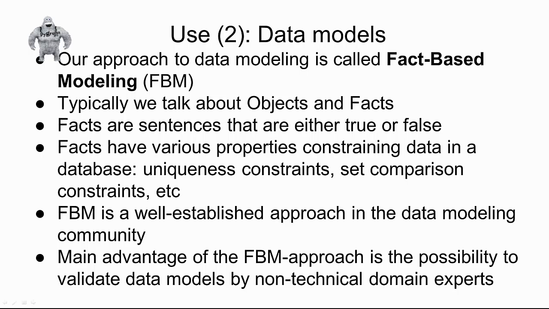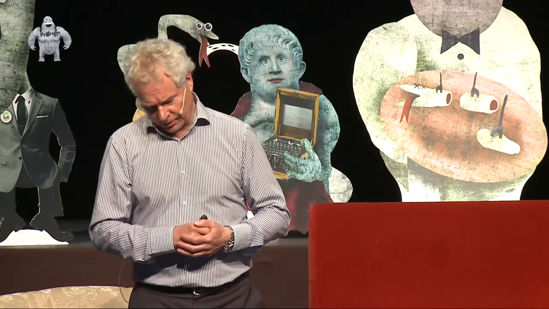When things really get tough, you have to be able to provide data models as a blueprint for a database, and these data models have to be very, very precise and reliable. Then in the data modeling community, there's an approach called the fact-based modeling approach, and that's been extremely successful in coming up with data models that are precise, and also extremely expressive.